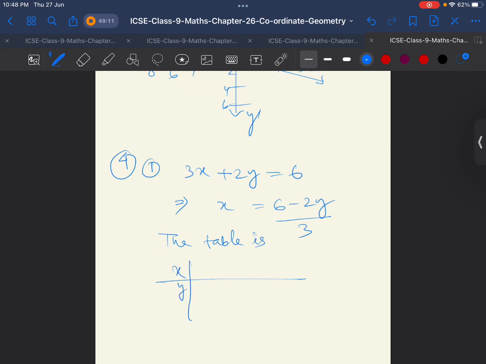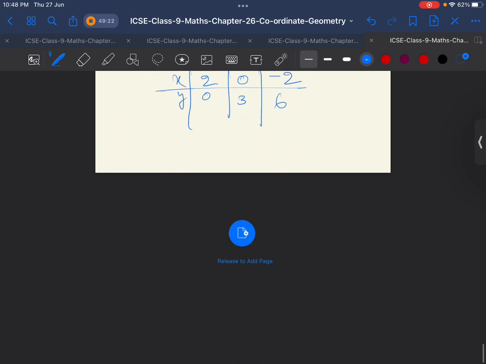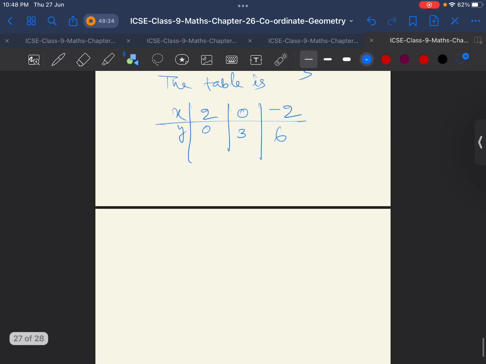The table is: y = 0, x = 2; y = 3, x = 0; y = 6, x = -2. Now we plot the graph. Now we plot these points in the graph. So we draw this graph here, x and x dash, y and y dash.